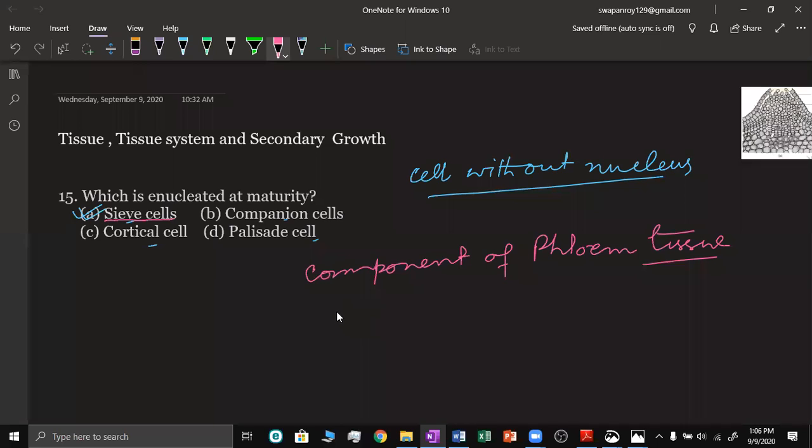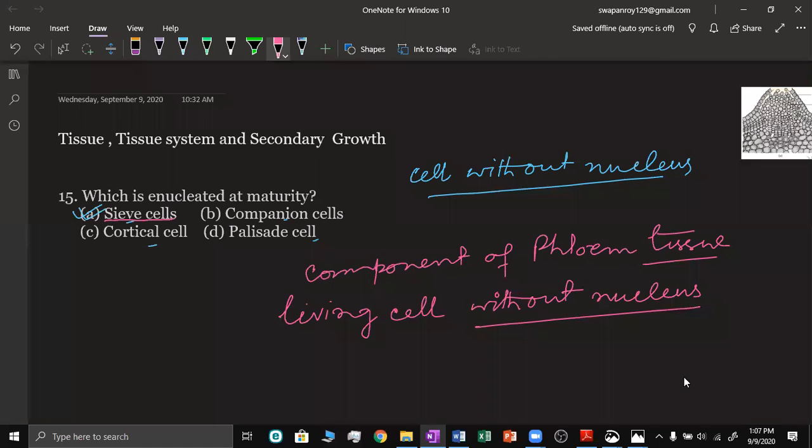So at maturity, though this is a living cell, it is without a nucleus.